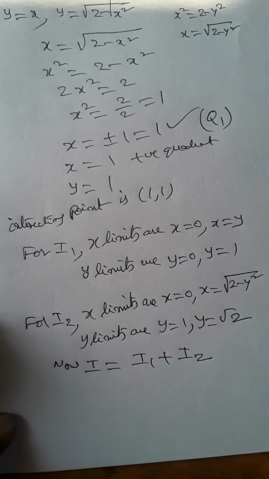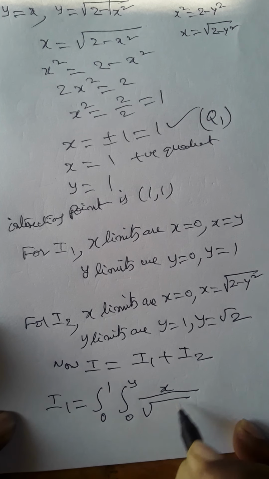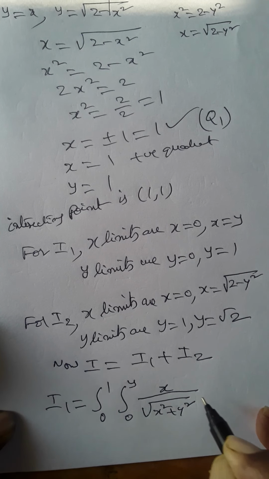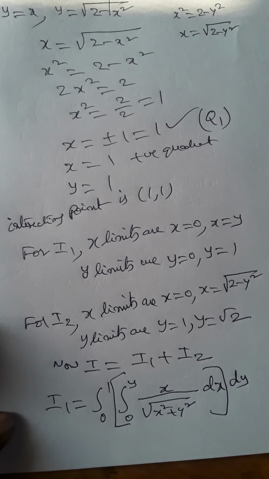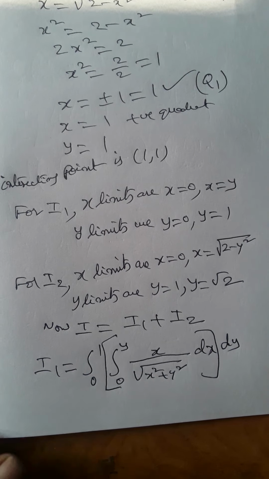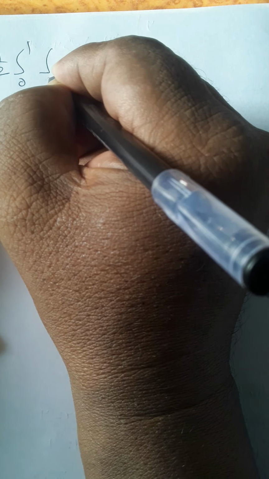First find I1. Integral 0 to 1, integral 0 to y, x by root over x square plus y square, first with respect to x, next with respect to y. Multiply both numerator and denominator by 2.